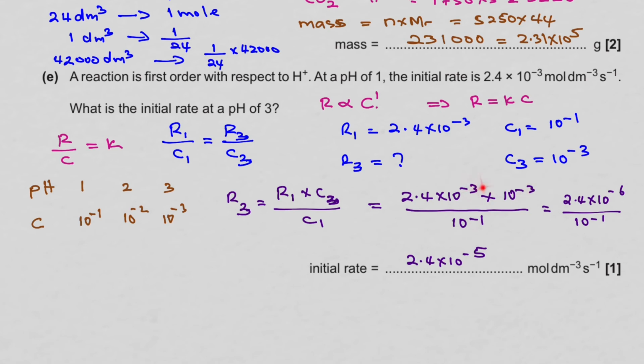You add the power when you have the same base. That will be 10 to the power minus 6 over 10 to the power minus 1. If you're dividing the same base, you subtract the power. That will be minus 6 minus minus 1, which is minus 6 plus 1. That will be minus 5. So the answer is 2.4 times 10 to the power minus 5. Or you can plug that into your calculator and you get that.